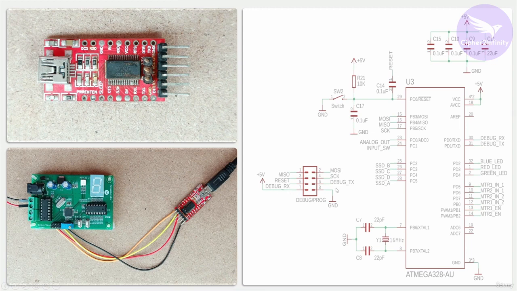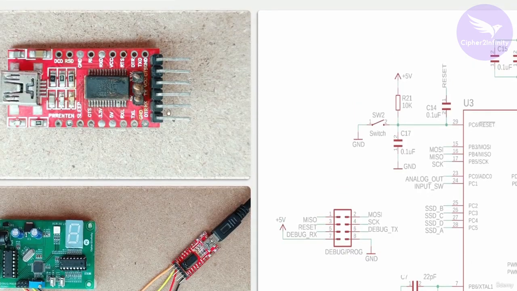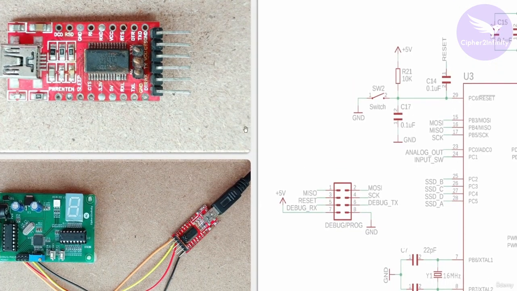So this debug TX pin will be connected to the RX pin on this USB to UART converter, and this debug RX pin will be connected to the TX pin of the converter. TX should be connected to RX and RX should be connected to TX.